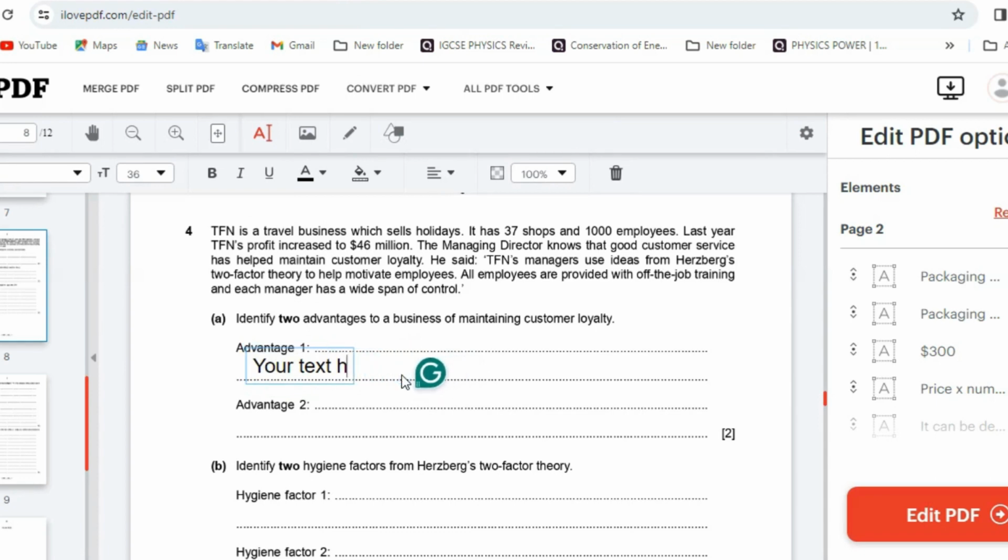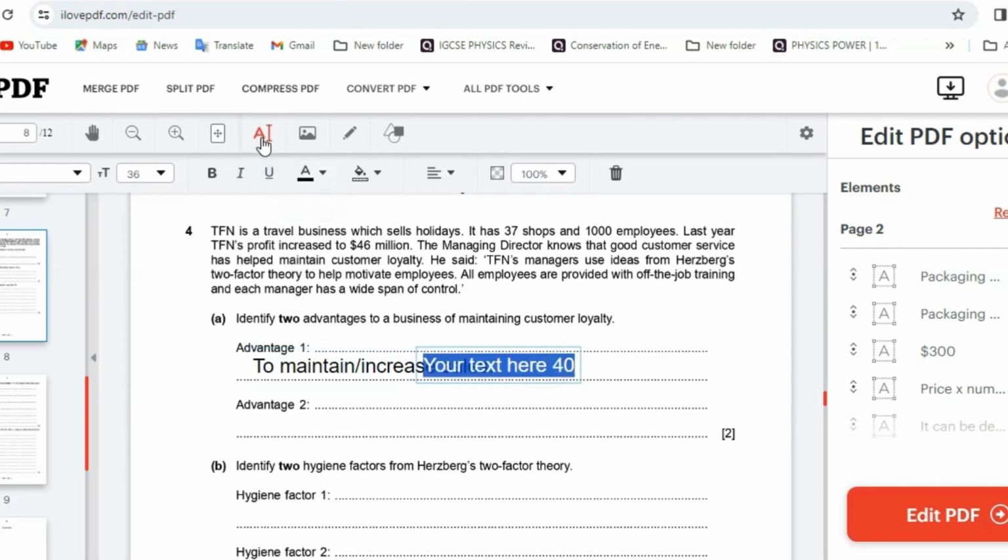Let's say to maintain or increase sales. That is the first advantage of gaining customer loyalty. So your customer will not go to your competitor.